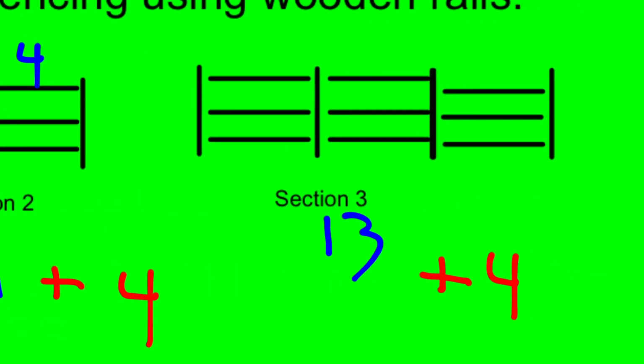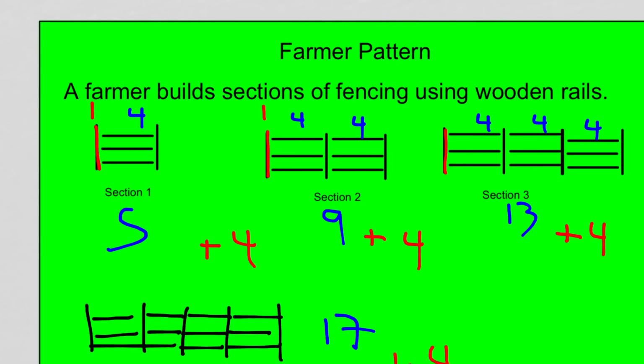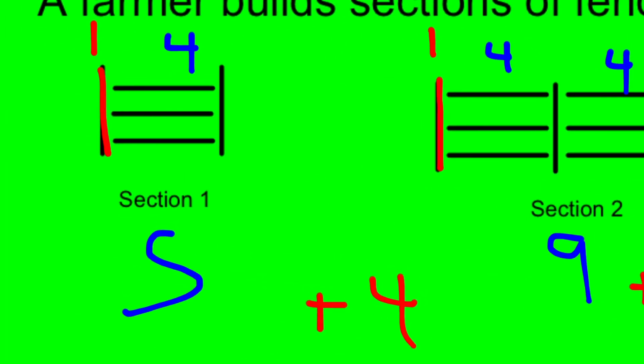In our third section, we had that 1 post we started out with, and then we had 3 groups of 4 that we added on. So really there's a pattern here. Take the number of sections that you're talking about and times it by 4, and then add on that 1 post that you started with.